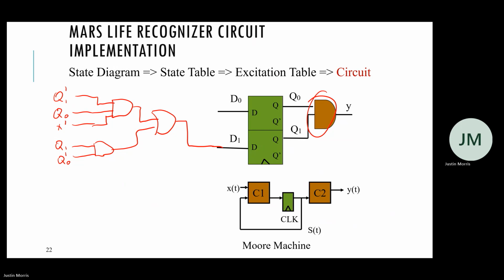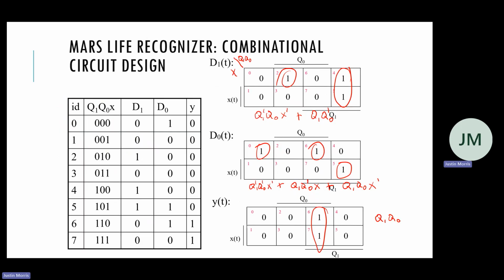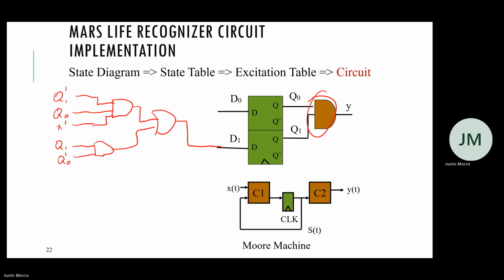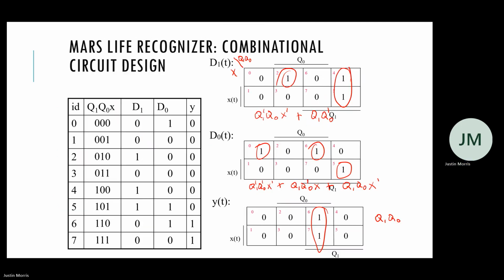Right? D0 has a little bit more. Q1, Q0, X, Q0, X. And then let's do Q1, Q0, X. This is going to be 1 AND gate, 2, 3.